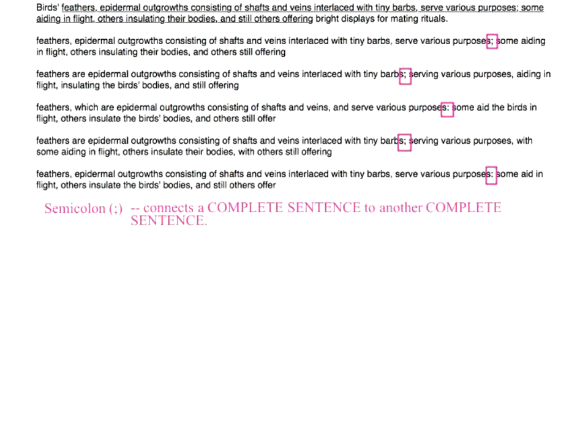In other words, the decision to use a semicolon rather than a period is like saying, by the way, these two sentences have something to do with each other. But other than that, functionally, it's the same as a period, except in that it suggests a relationship between the two sentences.